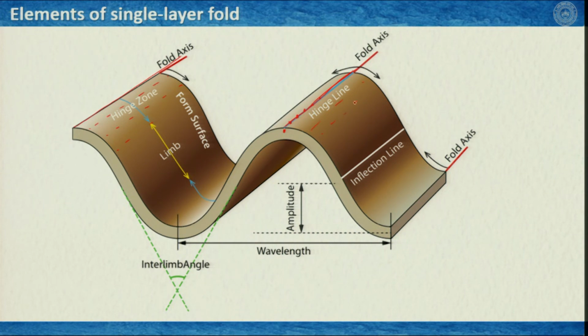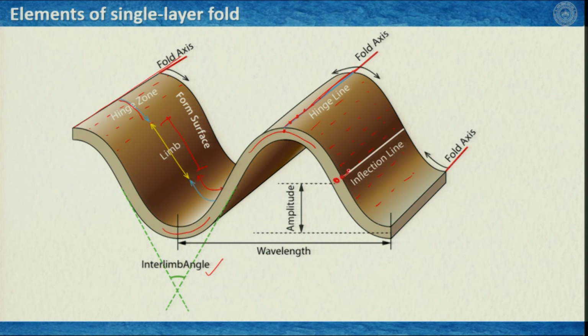Any line that runs parallel to this folded surface can give you the fold axis. So, this is your interlimb angle defined with these green lines, this is your hinge zone, this is your limb, this is your hinge zone, this one is your concave side, and this one is your convex side, and this was the inflection point.